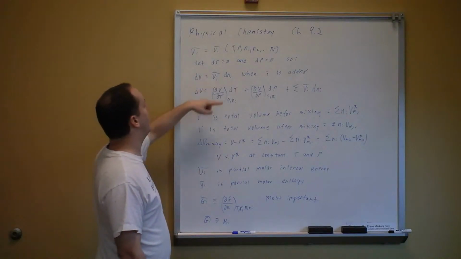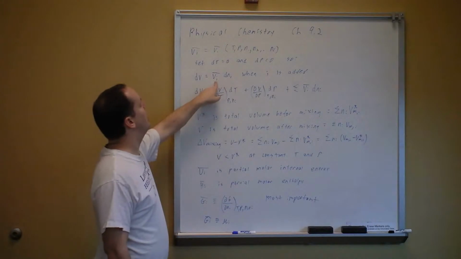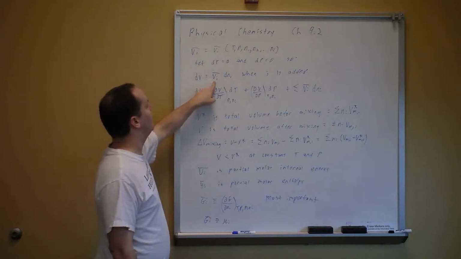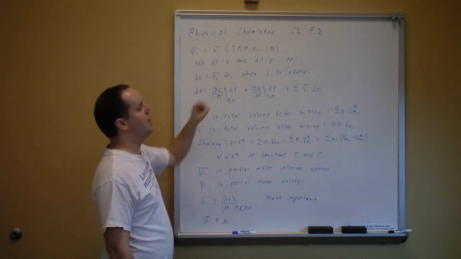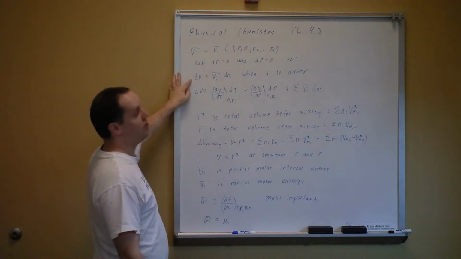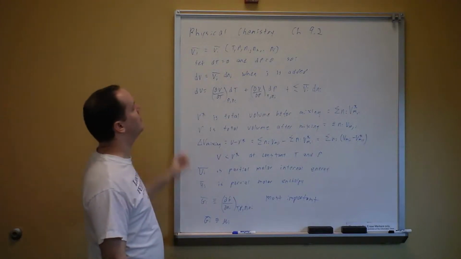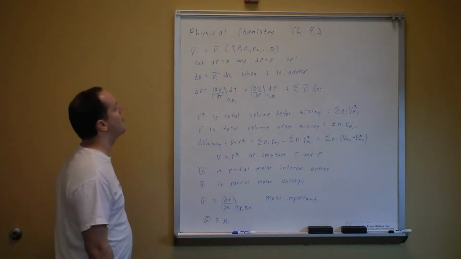So in this case, j. So if we add more j, you take the partial molar volume of j times the change in the amount of j, and that'll be the change in the total volume.